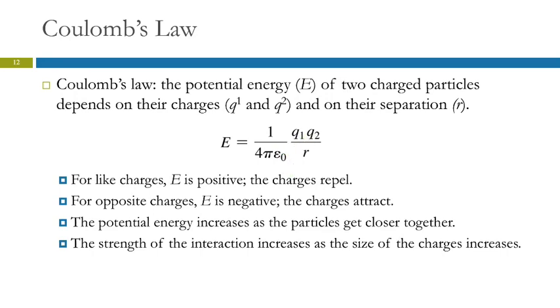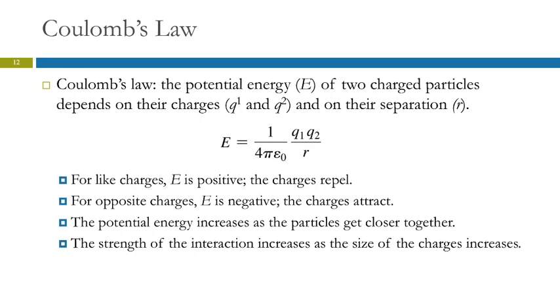We can look at this in terms of the nucleus and an electron, opposite charges, and R would represent the average distance between the electron and the nucleus. When the charges are the same, two positives or two negatives, then the energy is positive and the charges repel each other. When the charges are opposite, E is negative and the charges will attract. And the potential energy increases as they get closer and closer together.